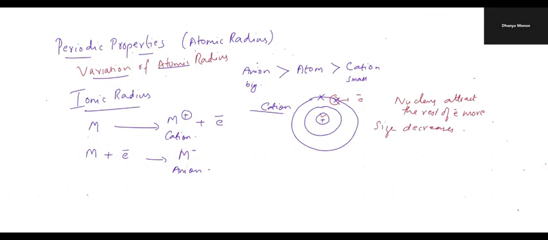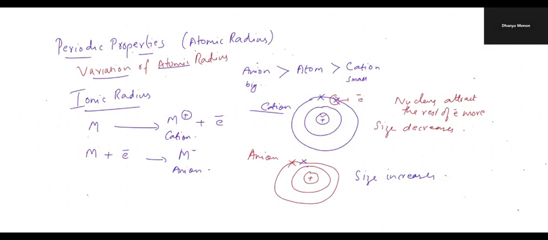Okay, so the opposite thing happens for anion. Suppose before there was 1 electron, and suppose 1 electron got added. So what's happening to the effect of the nucleus on the outer electrons? It's becoming less. So size is increasing for anions.